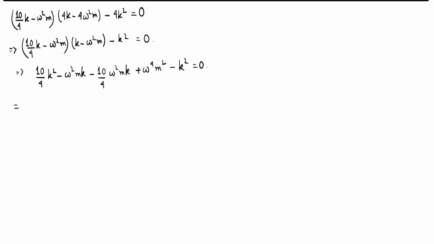So it has omega square and omega to the power 4 term. So omega to the power 4m square minus, this is what? 14 by 4, right? 10 by 4 plus 1. So 14 by 4 omega square mk. Again 10 by 4 minus 1. So this is plus 6 by 4 k square equals to 0.